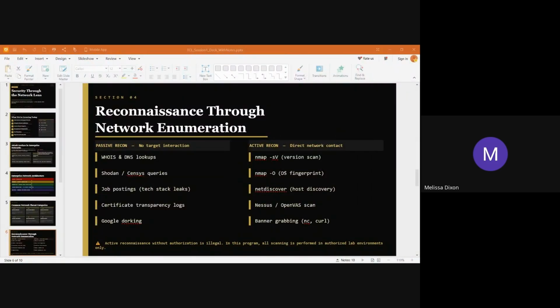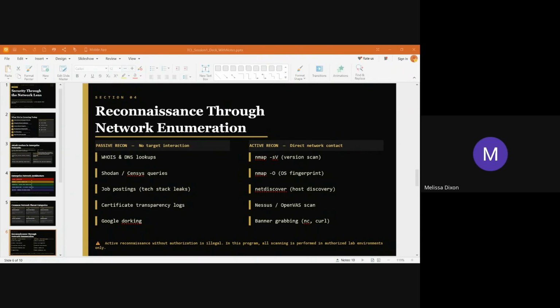So let's go deeper on recon, because it's the first thing that happens in almost every real attack, and it's something you can do legally right now to understand your own exposure. We have here the passive recon column: WHOIS and DNS lookups. WHOIS shows who owns the domain, when it expires, and contact information.